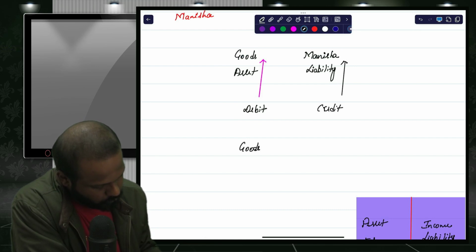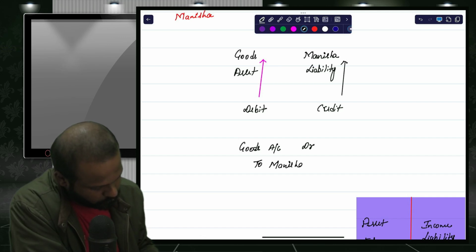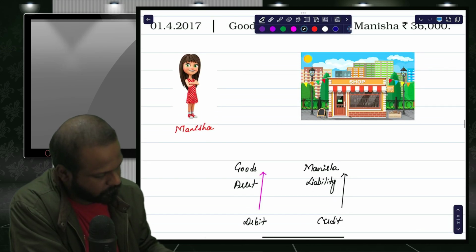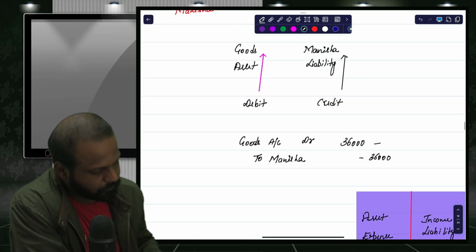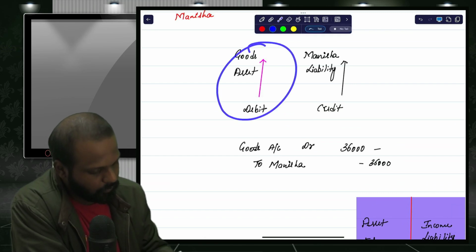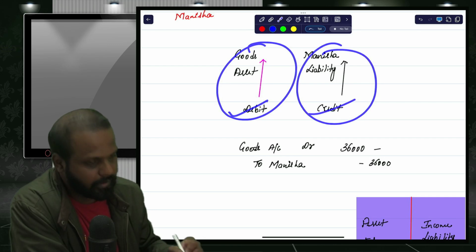So goods account debit to Manisha, 36,000. Goods account debit and Manisha account credit.